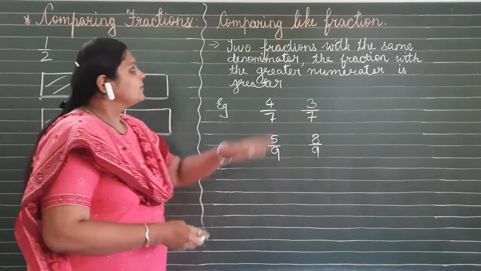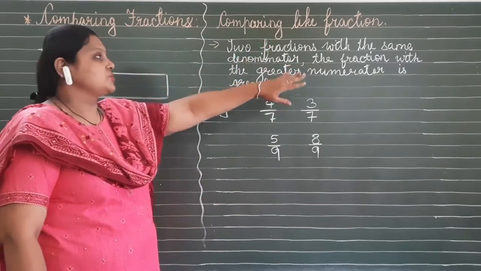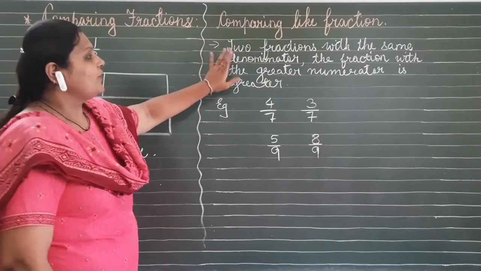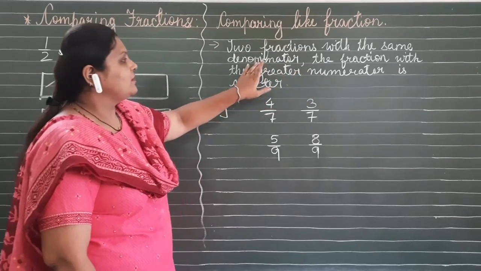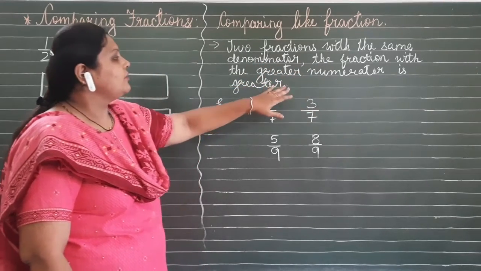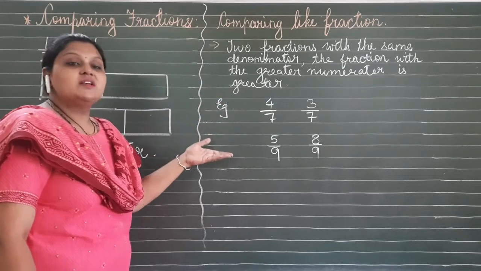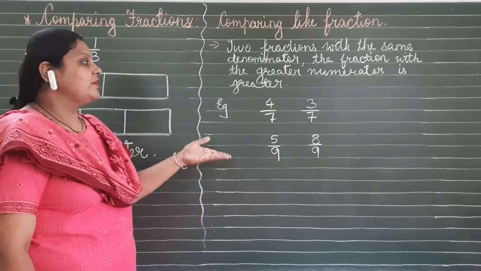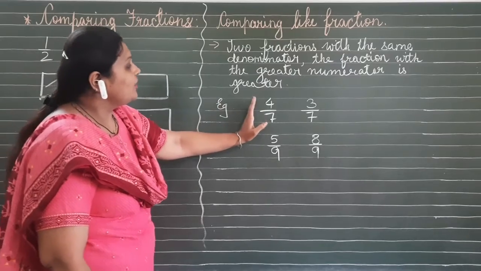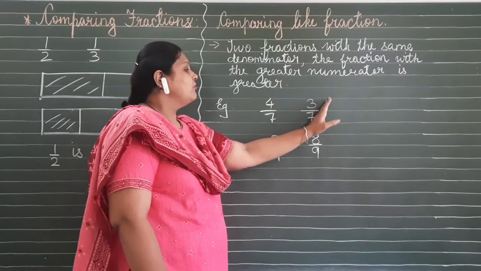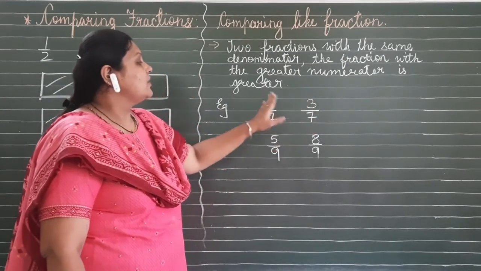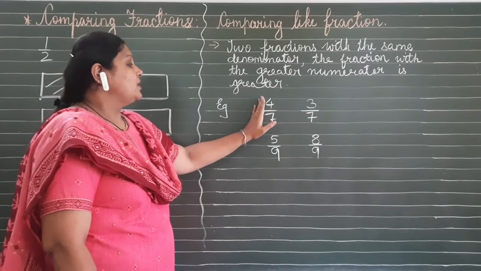Now let us see comparing like fractions. Two fractions with the same denominator, the fraction with the greater numerator is greater. For example, like fraction is having equal denominator, we know. Wherever denominator is equal, we will go to numerator.